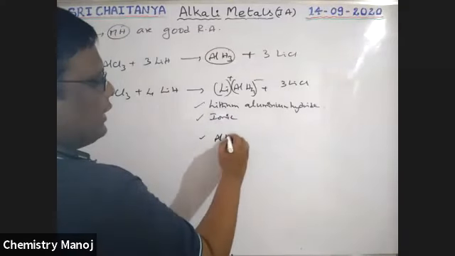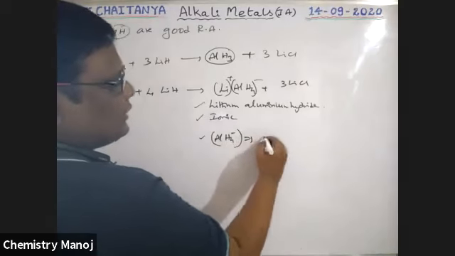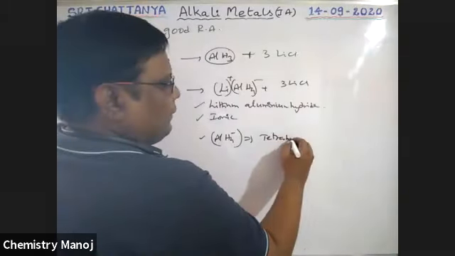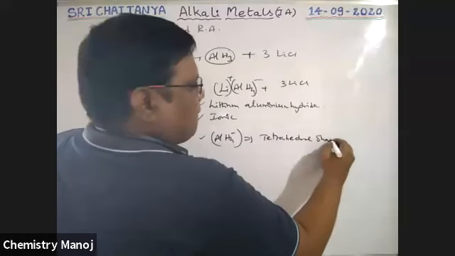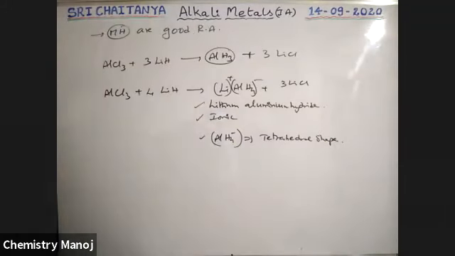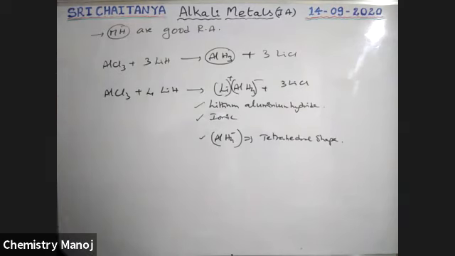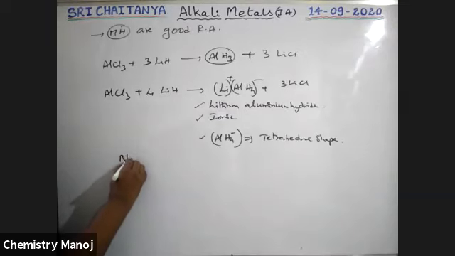Here AlH4 minus is tetrahedral, just like BH4 minus. Both BH4 minus and AlH4 minus have a tetrahedral shape. Very, very important.